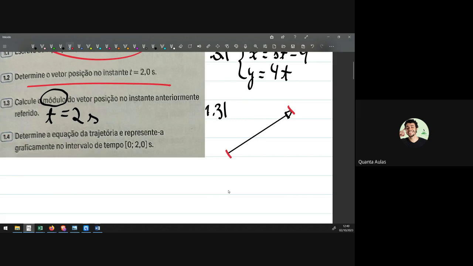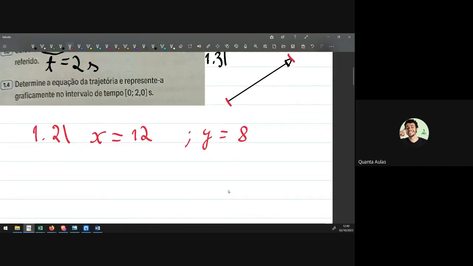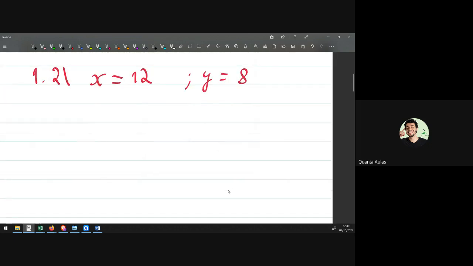So what are the coordinates you got in this question? Can you tell me again, please? The coordinates are x equals 12 and y equals 8. Okay. So if you draw this vector in an xy plane, you have something like that. You have 12 and 8, okay?